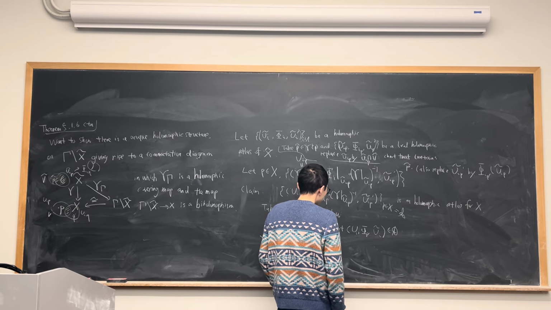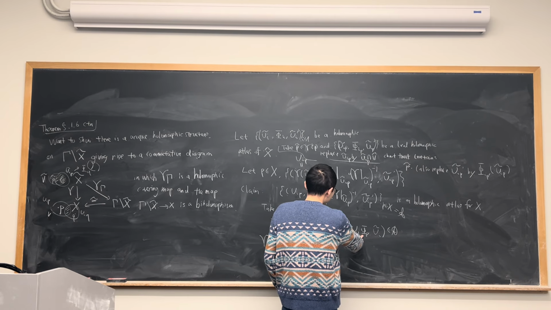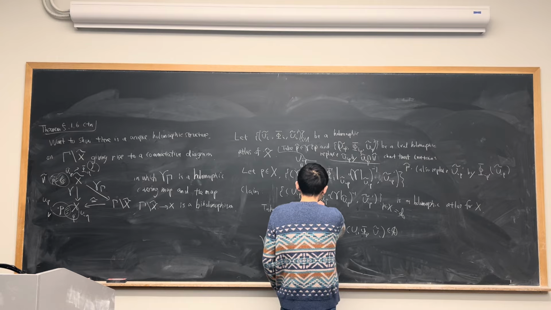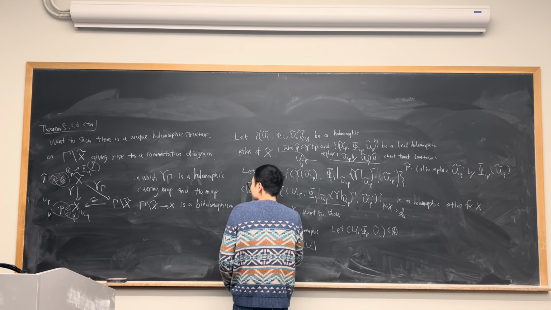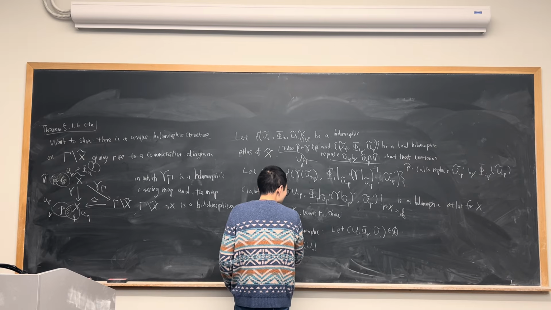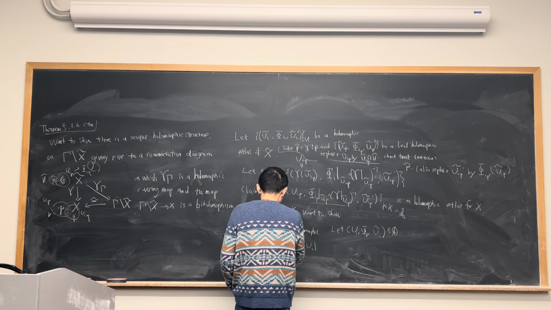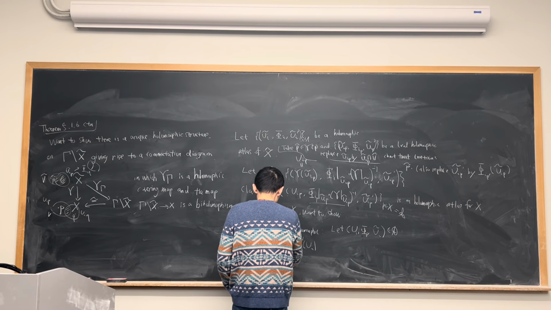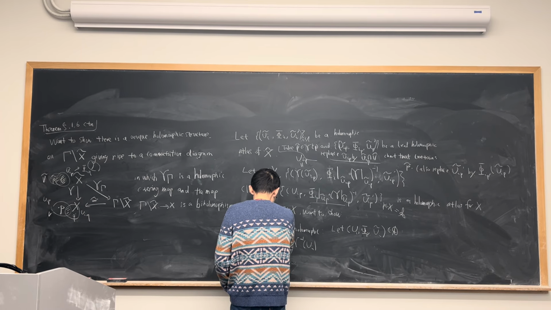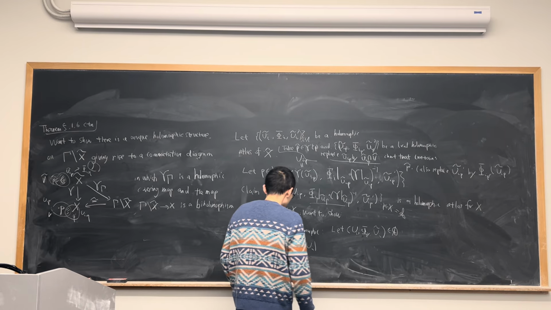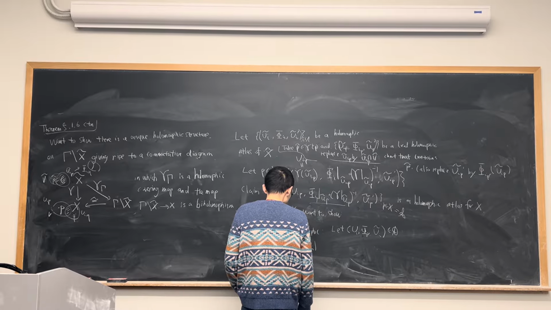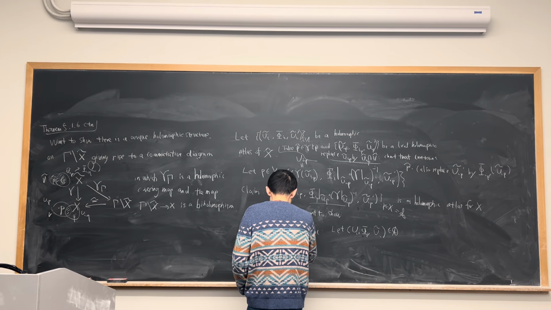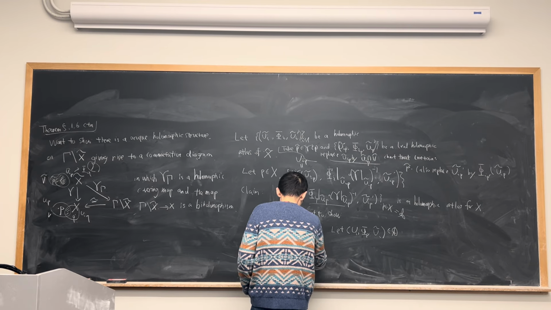Okay, so this phi basically is this map. So gamma composed with this phi_I is exactly in this set.